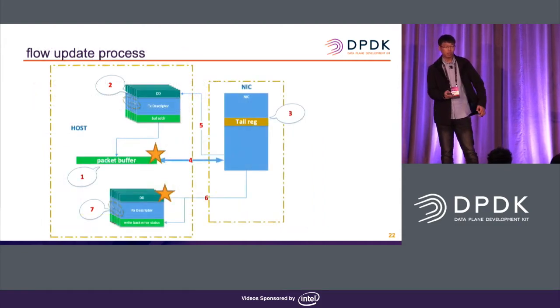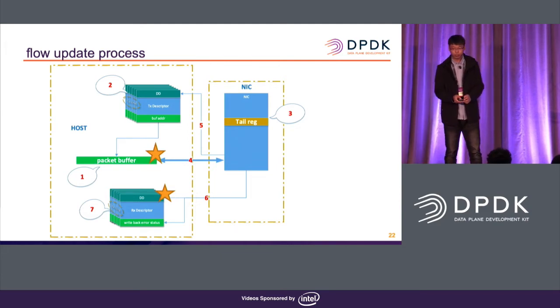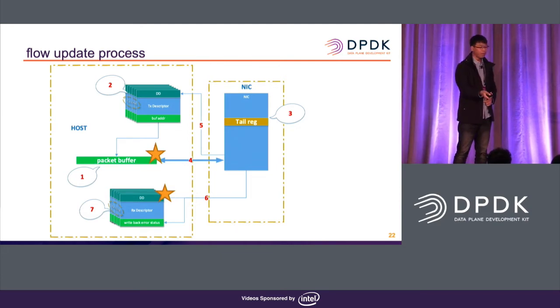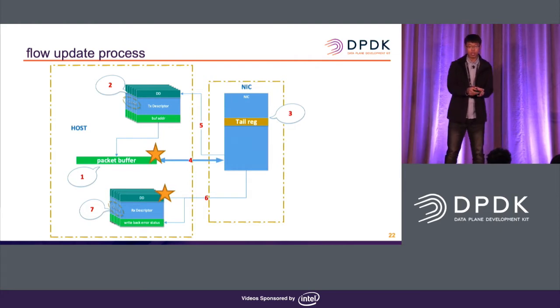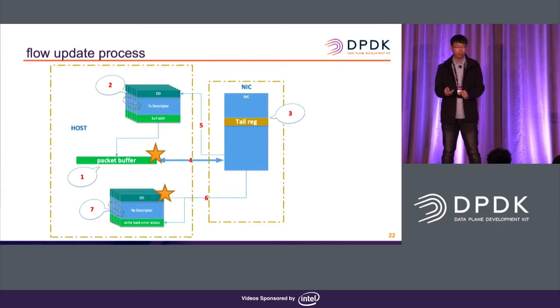Here is how it is implemented in the DPDK. In the first step, we construct the raw packet in the buffer. In the second step, we fill the TX descriptor pointing to the buffer. In step 3, we update the tail register to tell the NIC, hey, a new packet is coming.